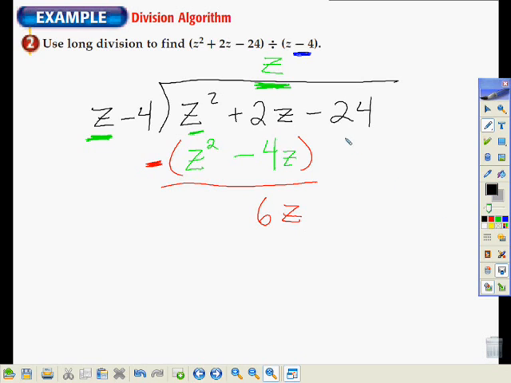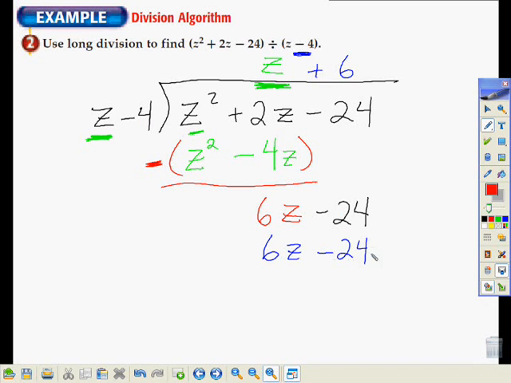Our next step then, just like before, we bring down whatever's left so that we can move on to the next step. We consider this over here and see what happens next. Okay, so z into 6z, we would multiply that by a positive 6. So 6 times z gives me 6z. I would also multiply times the 4, negative 24.